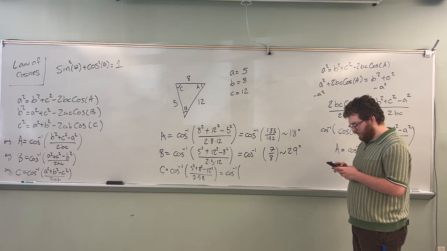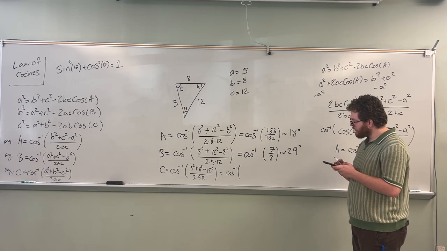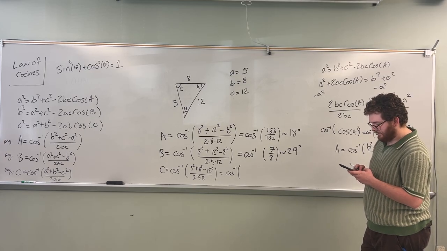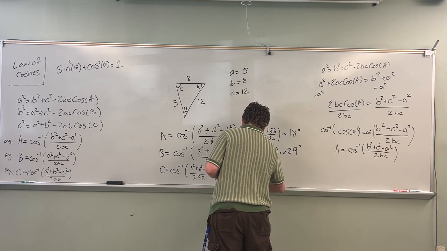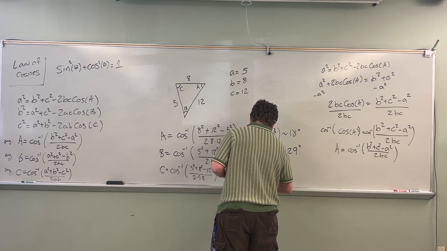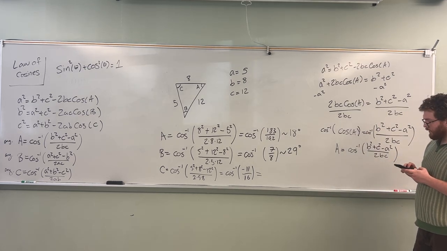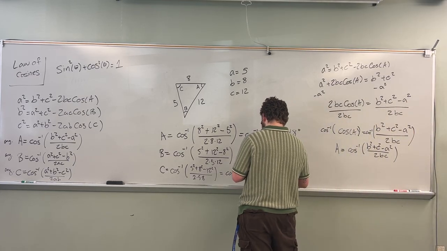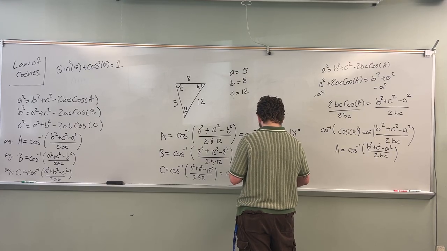So 5 squared plus 8 squared minus 12 squared divided by, that's now 80, so negative 11 over 16. Okay, that makes more sense. And if I take the inverse cosine of negative 11 divided by 16, I get approximately 133 degrees.